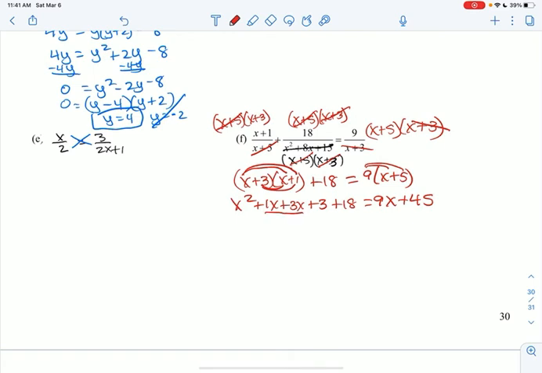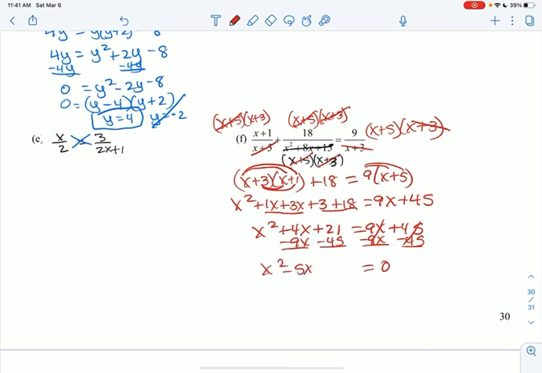I'm going to combine these like terms, and I'll have x squared plus 4x plus 21. I have to bring everything to one side, so I'm going to subtract the 9x, and I'm going to subtract the 45. And that gives me x squared minus 5x minus 24.